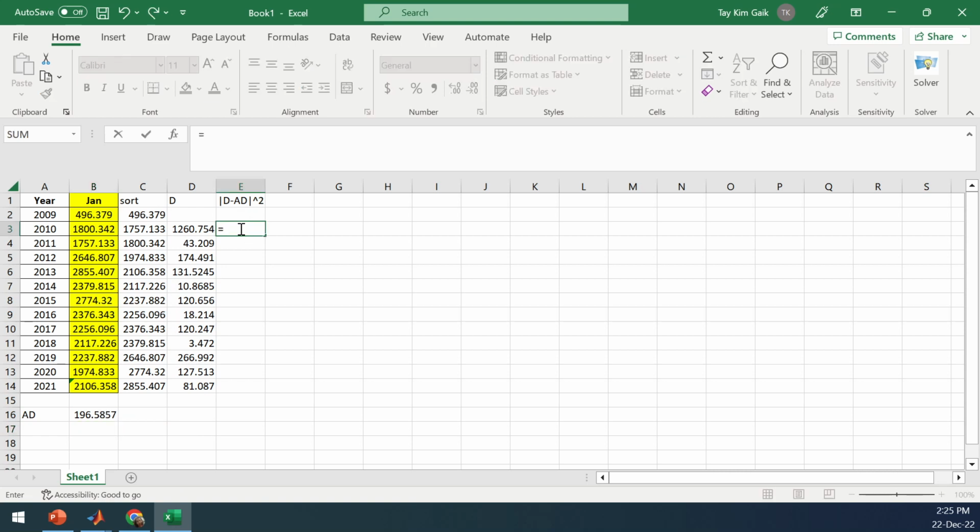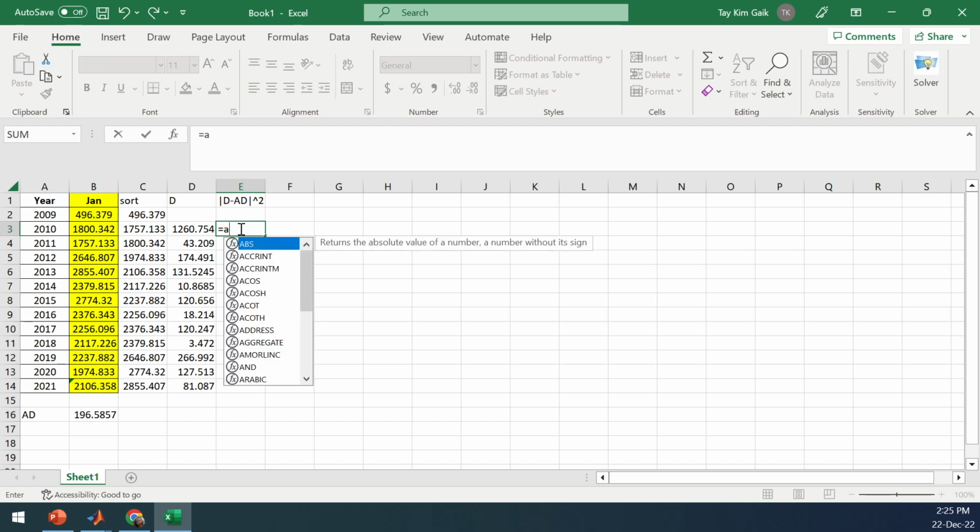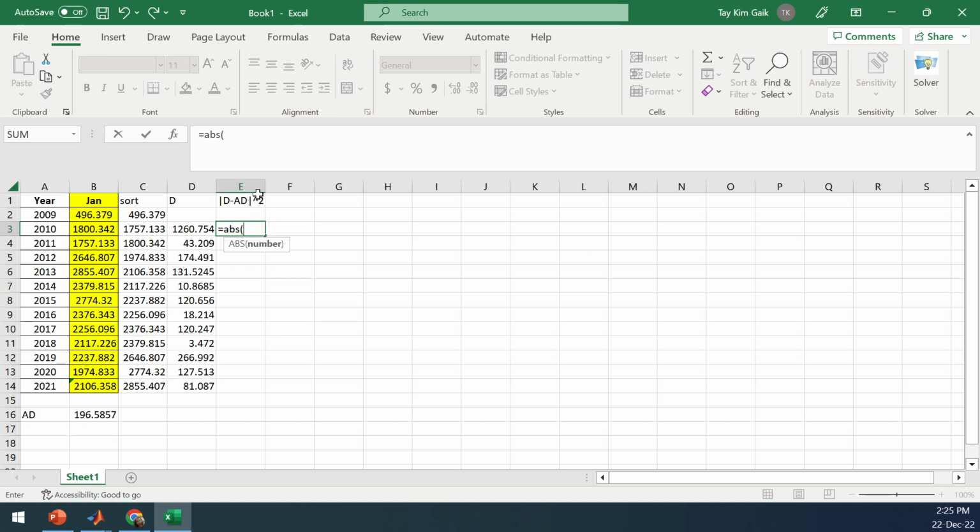Now we find the magnitude. So ABS, or if you don't put ABS, when you square you also get positive. The D minus the average distance. The average distance is a constant, so make sure you fix it by putting a dollar sign in front and at the back.